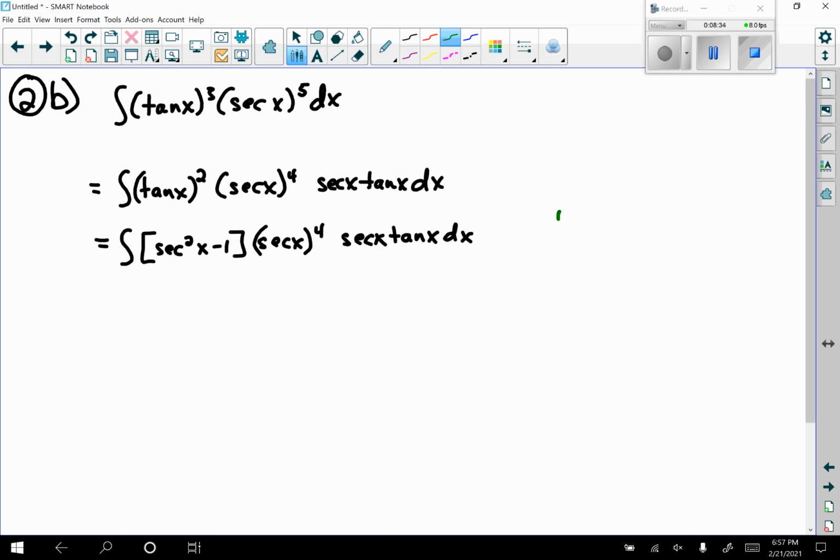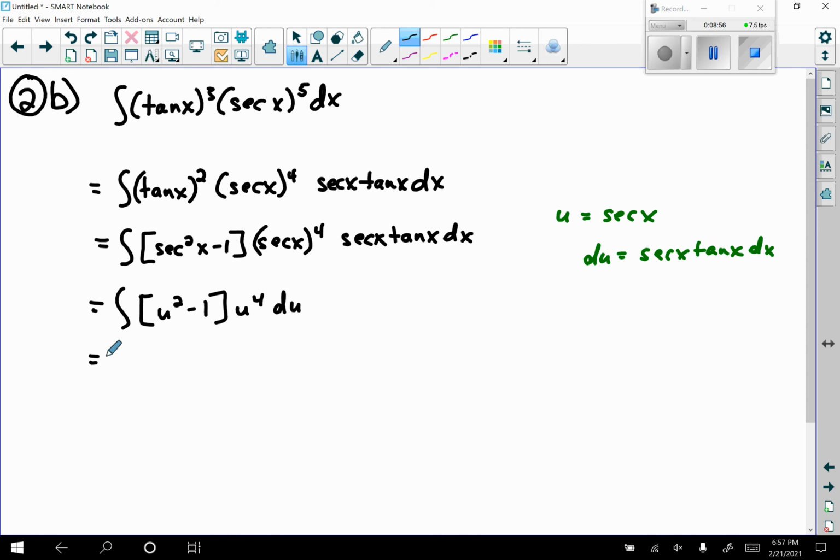So now, what's going to give us this as a derivative? If u is equal to secant x, because notice everything else is in terms of secant x, then du is going to equal secant x tangent x dx. So now this becomes the integral of u squared minus 1 times u to the 4th times du. Like the last problem, we'll distribute.